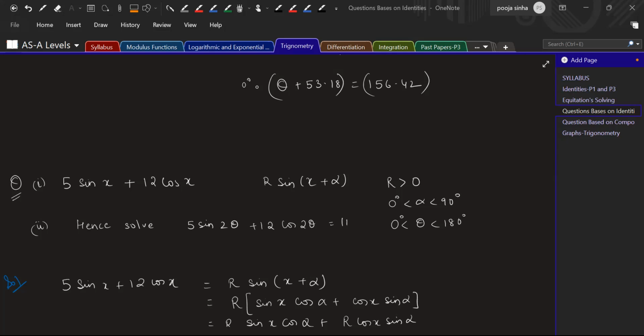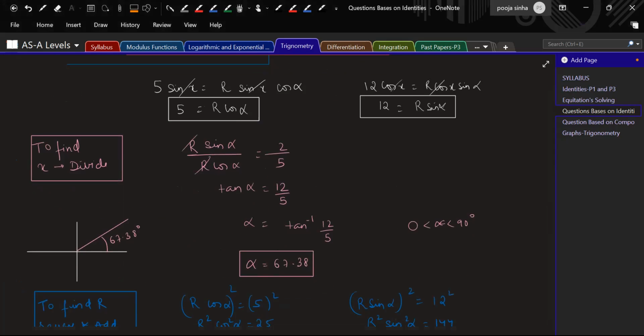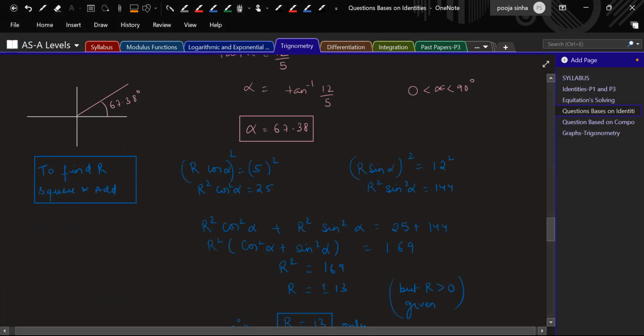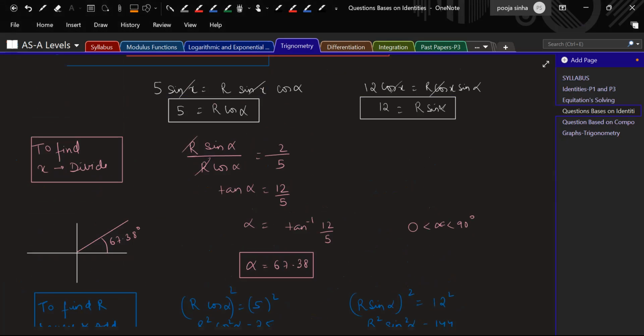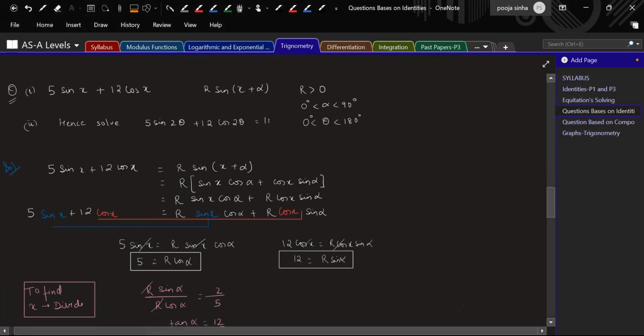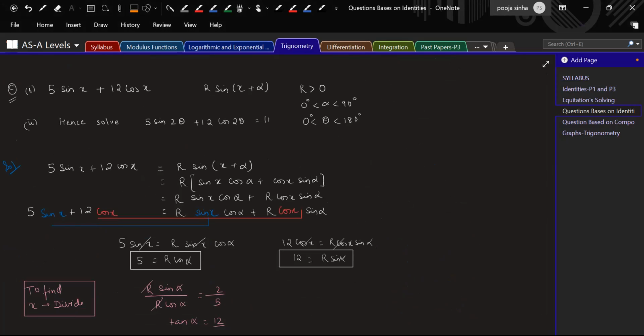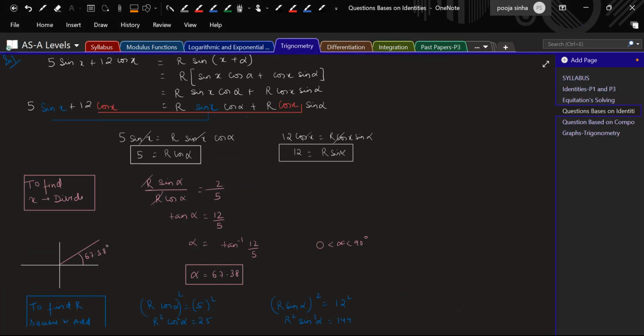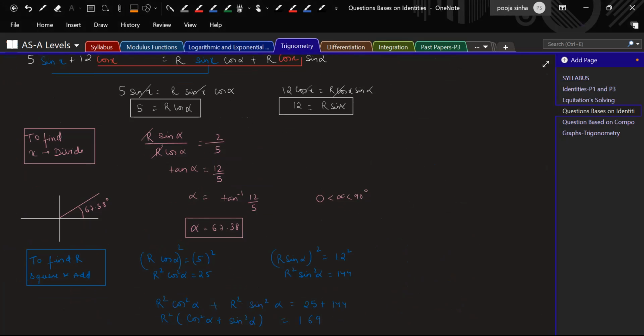So is alpha 22.62 degrees? Alpha. One second. Oh yeah. Alpha is coming out to be 67.38.